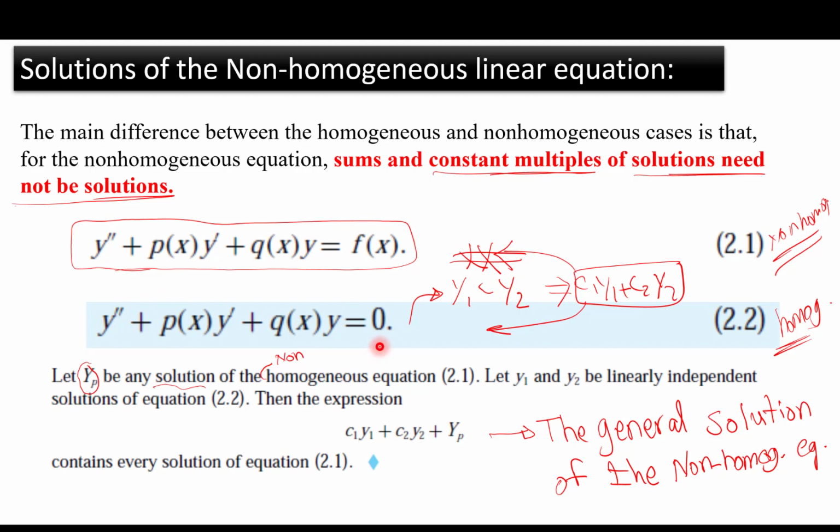We are going to assume that we know y1 and y2 for the homogeneous equation, which are considered to be linearly independent solutions of this equation. Then the general solution of the non-homogeneous equation is written as c1 y1 plus c2 y2 plus yp.